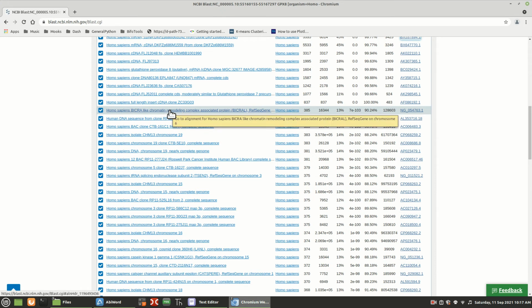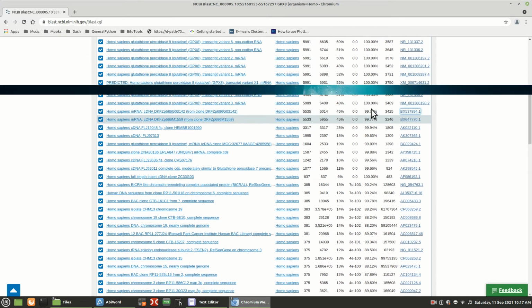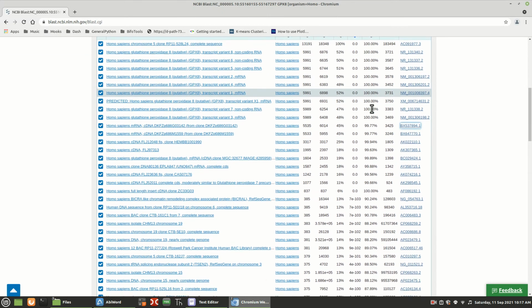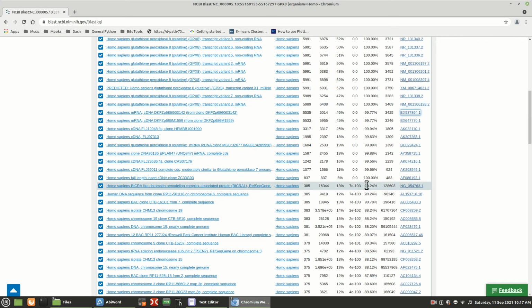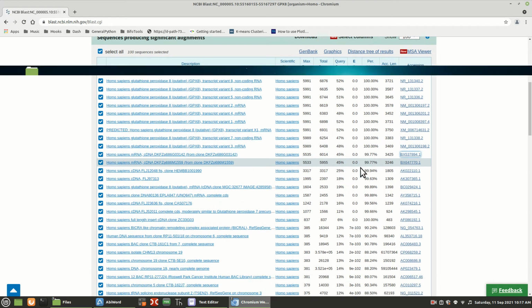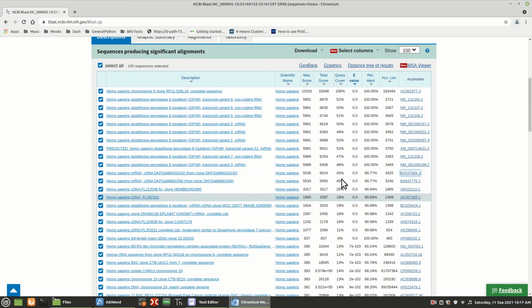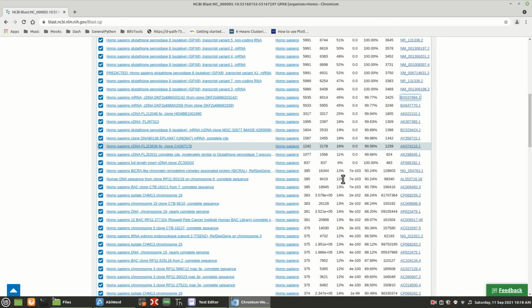This does not look like GPX here, and it has 90% identity. It still has a really high e-value, but not so much coverage. So there's a piece here in whatever this is that's very similar.